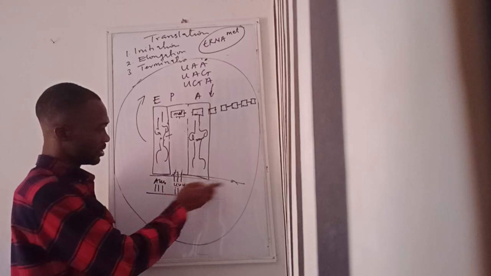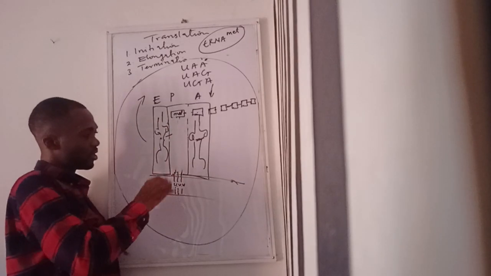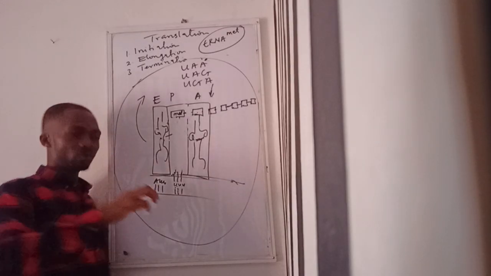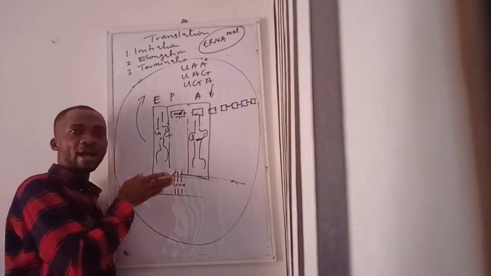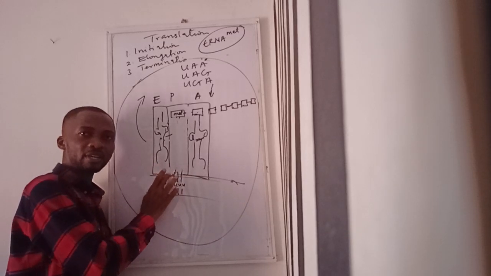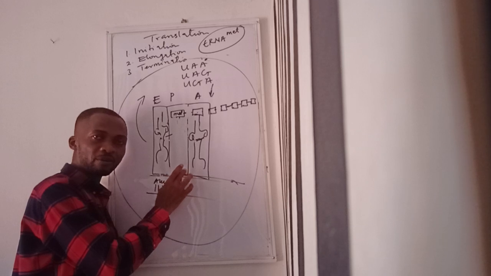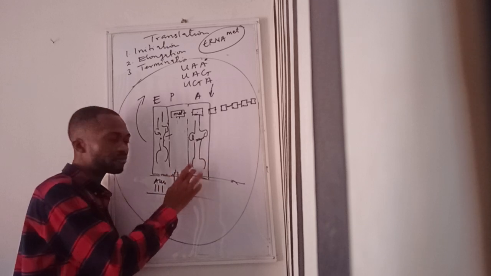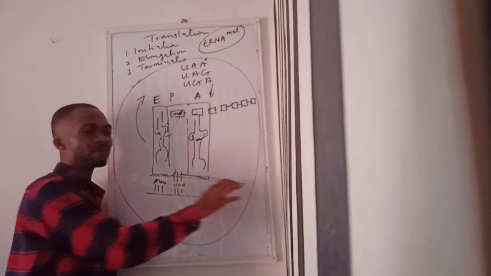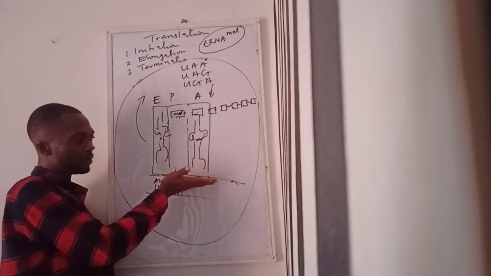So the ribosome is situated here. The codons are found in sequence. So we have first methionine, second phenylalanine, third maybe serine, fourth maybe tryptophan. So these are found in sequence, and the ribosome will also be moving.